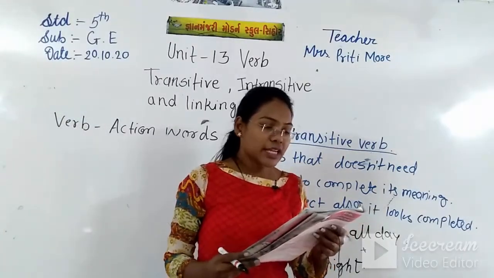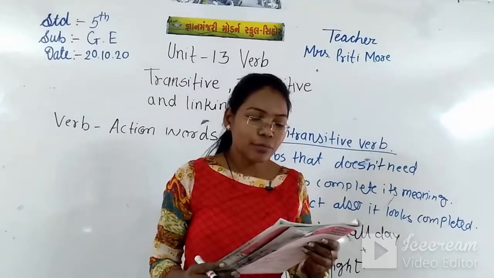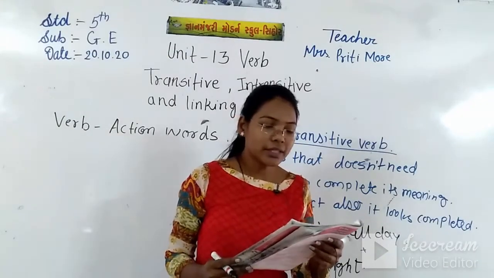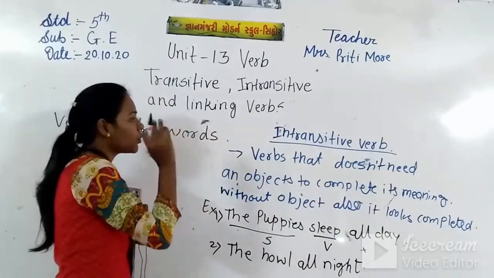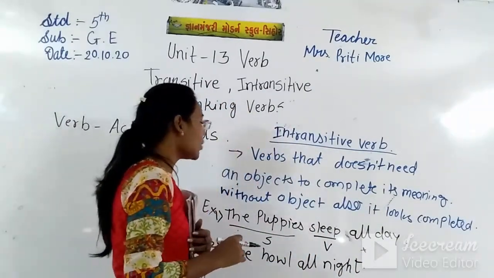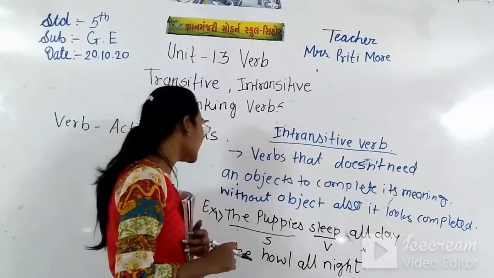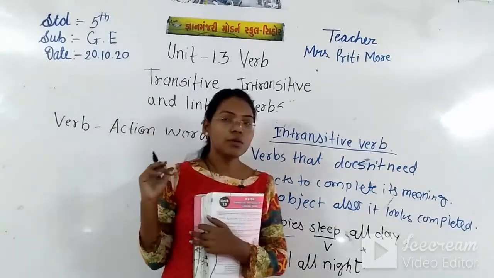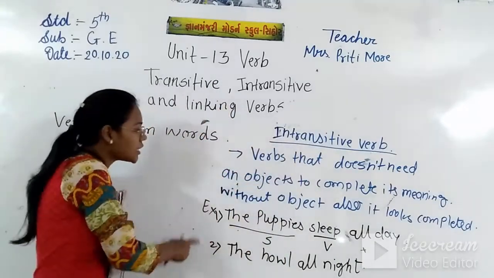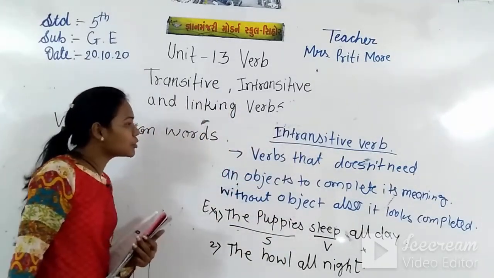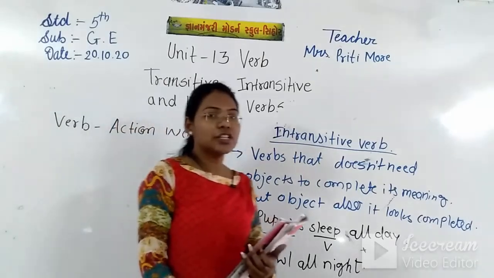So an action verb that is not followed by an object is called intransitive verb. That means here also I have written the verb that doesn't need an object to complete its meaning. Without object also it looks completed. It's called intransitive verb, and these two examples I have written on the board, so you just note down this in your notebook.